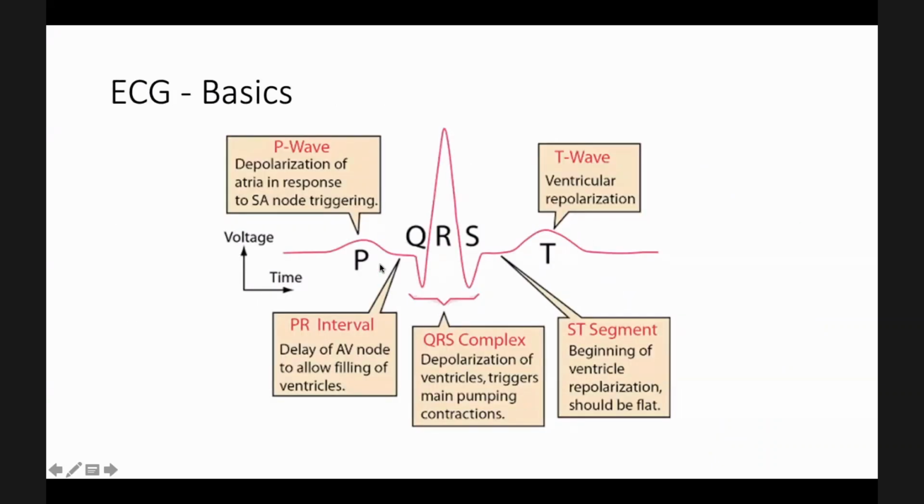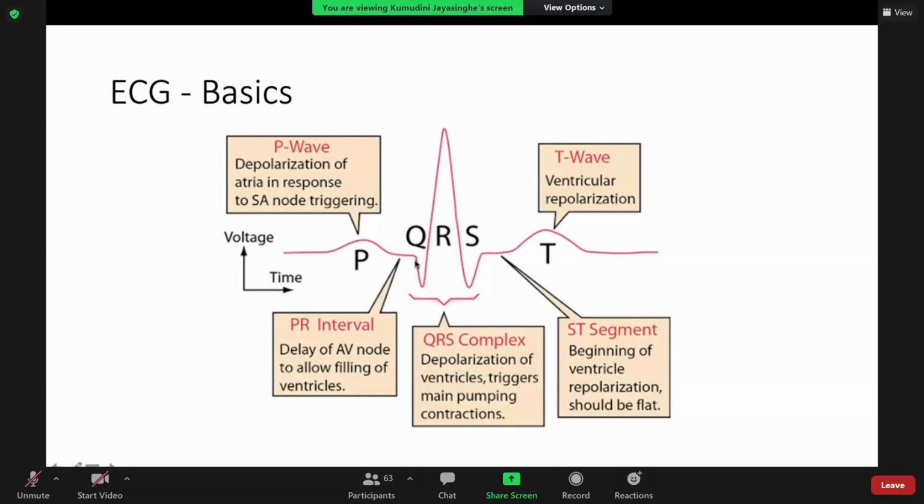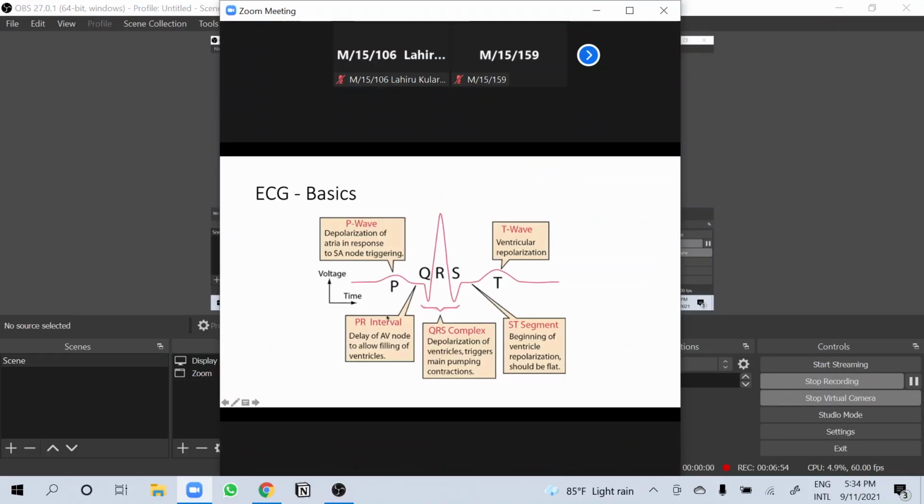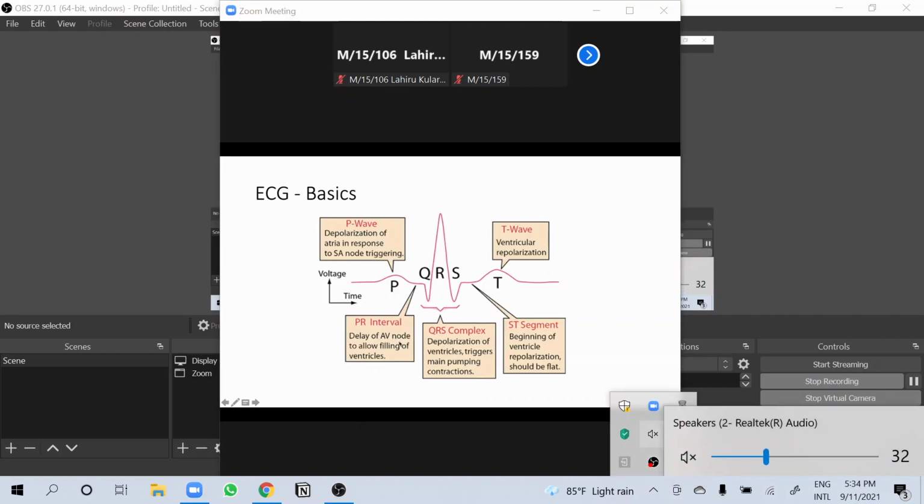The P wave is the depolarization of the atria, as you saw in the previous one. It shows as a positive deflection. After that there's a PR interval, which denotes the delay at the AV node to allow filling of the ventricles.